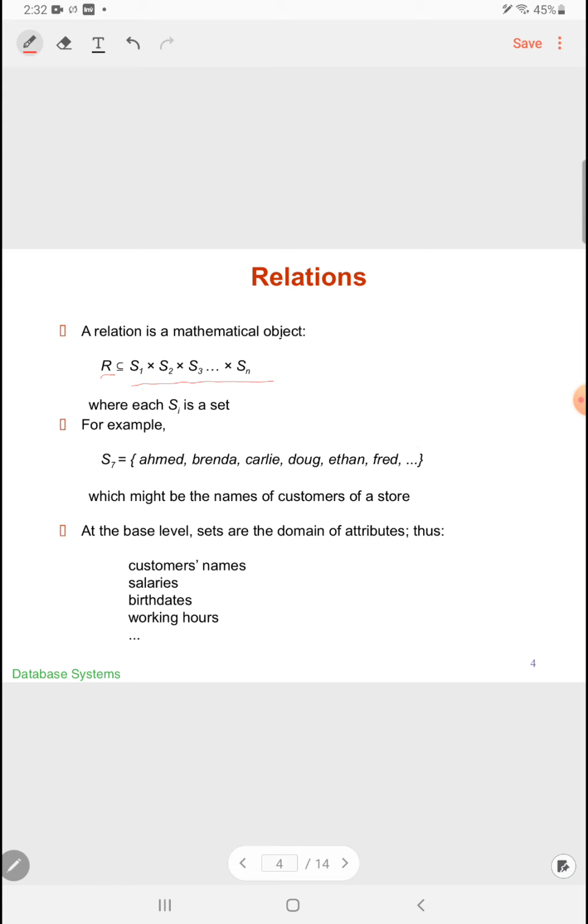You can kind of figure out where those names came from: A, B, C, D, E, F. Could be anything. So, at a base level, sets are the domains of attributes. So customer names, salaries, birth dates, working hours. If we're talking about a business supply relationship, part numbers, whatever it is that happens to be part of what you're dealing with.